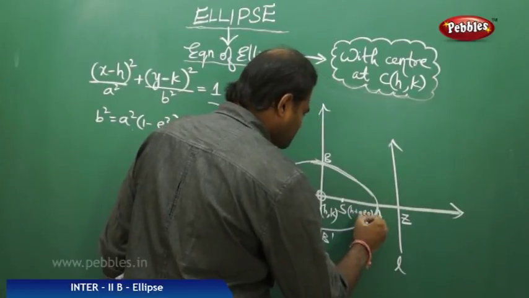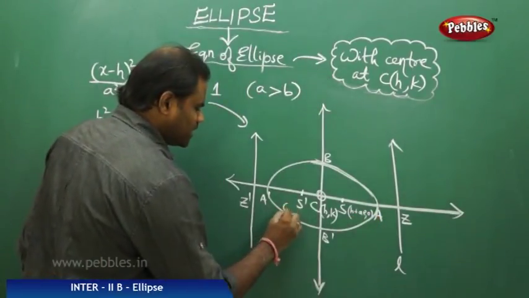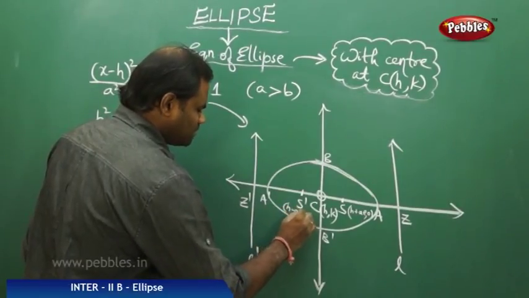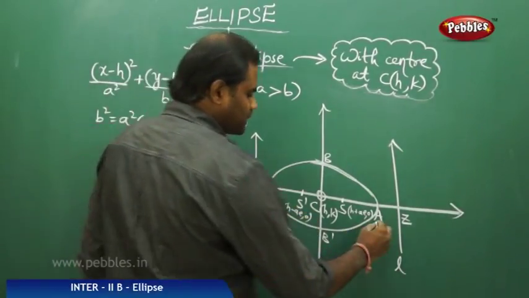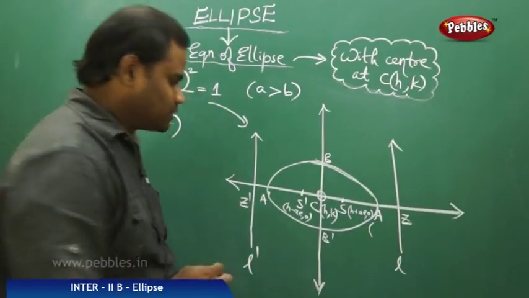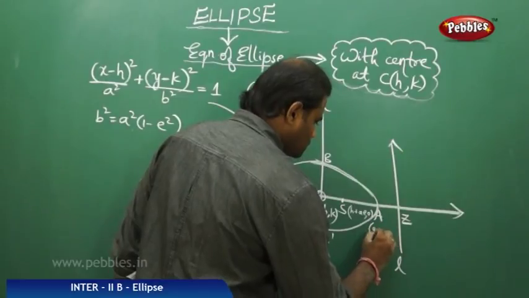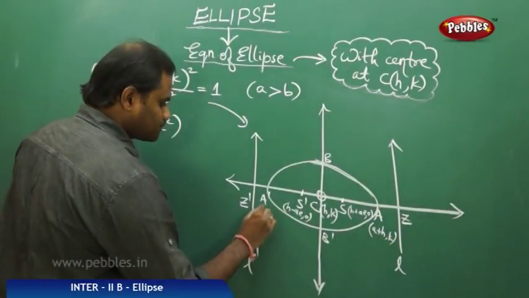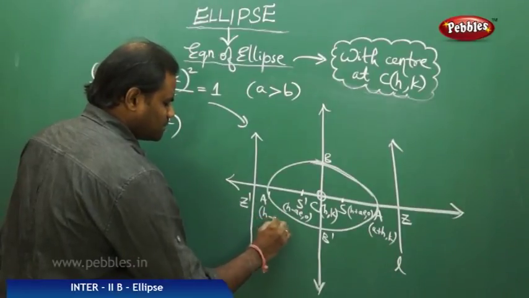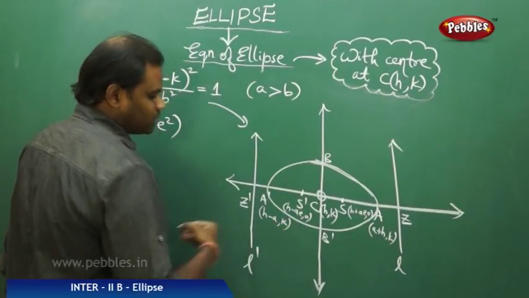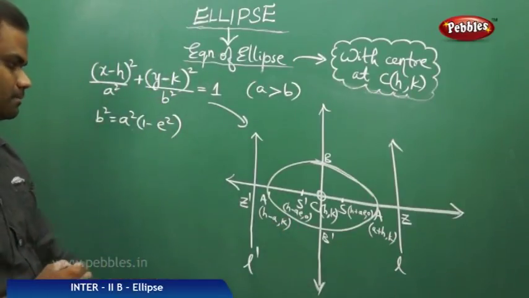The foci are S: (h plus a, 0) and S dash: (h minus a, 0), where x becomes x minus h. So we get (h plus a, k) and (h minus a, k).